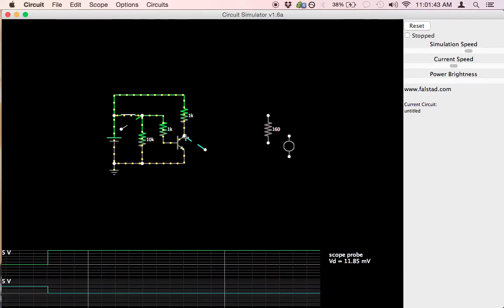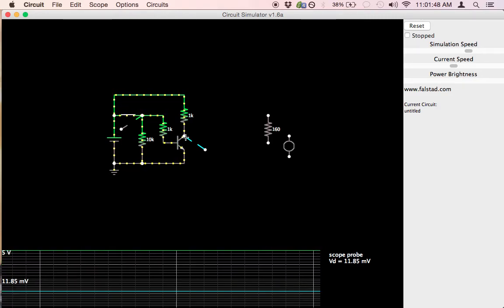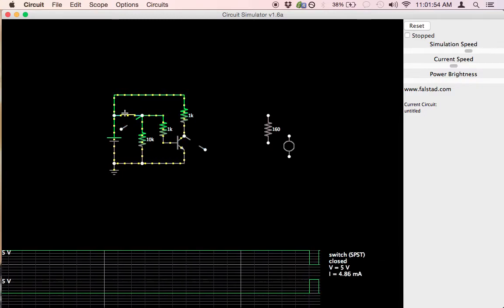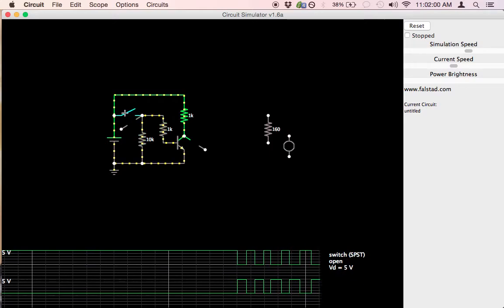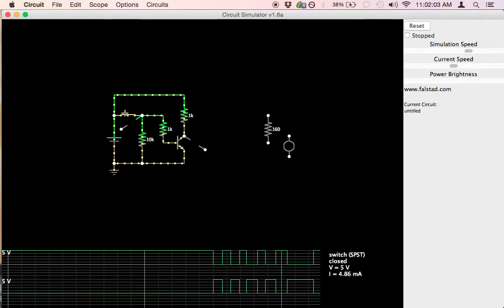So the voltage now on the output is approximately 0 volts. Very, very low, 11 millivolts. So if we open and close the switch a few times, you can see down on the scope that it is an inverter. A logic low level signal becomes a logic high, and a logic high becomes a logic low.